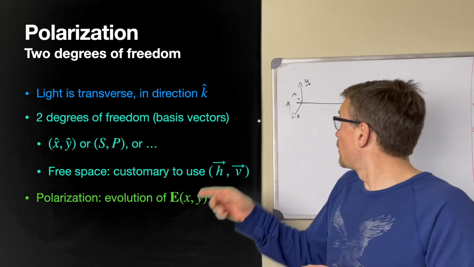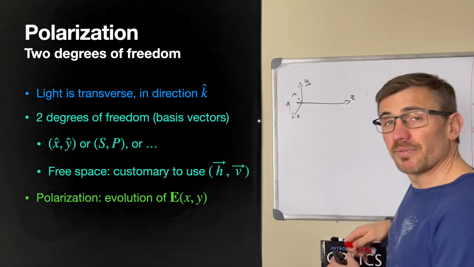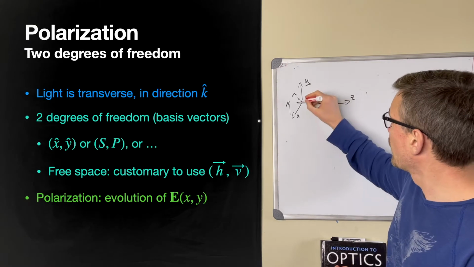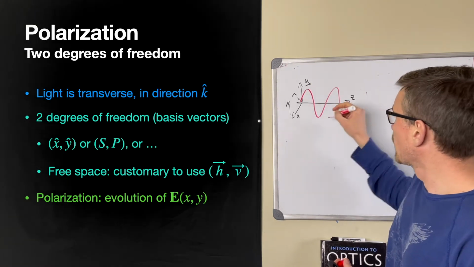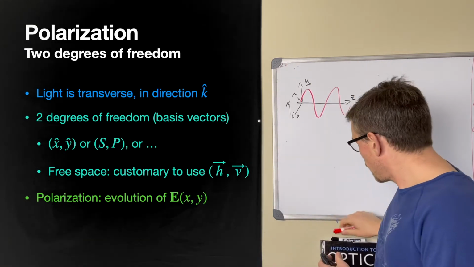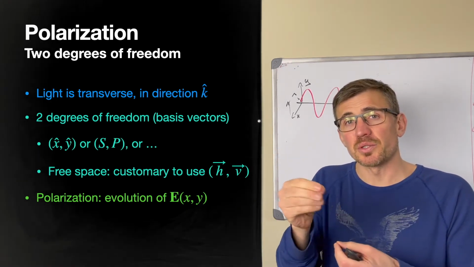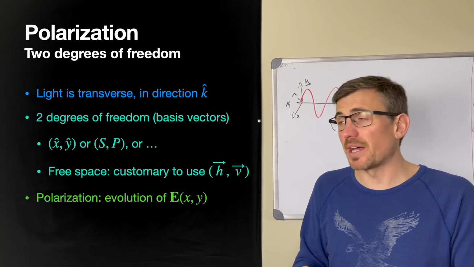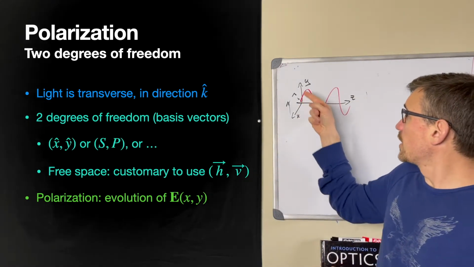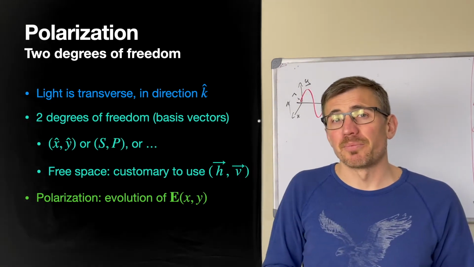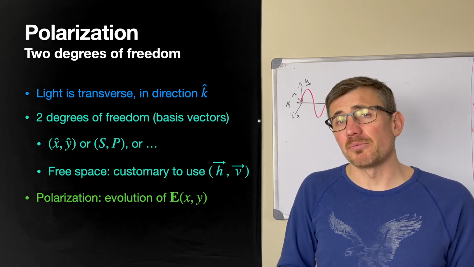Just like we represent our one sine wave, remember this picture we had way from the beginning of the course? Light going like this. We can have light that's due to a complicated source or an extended source of many different subsources or atoms. And that vector, that oscillation, is going to be changing directions randomly. If that's the case, we call the light unpolarized.